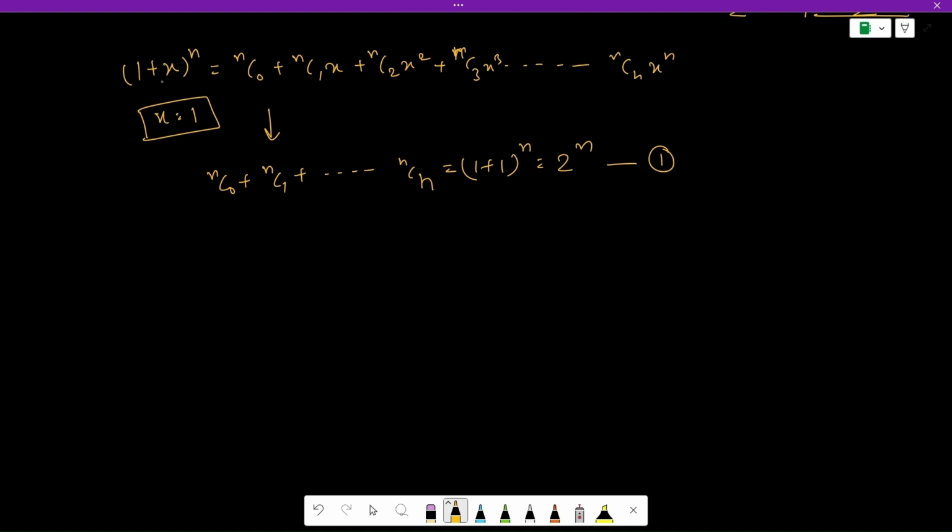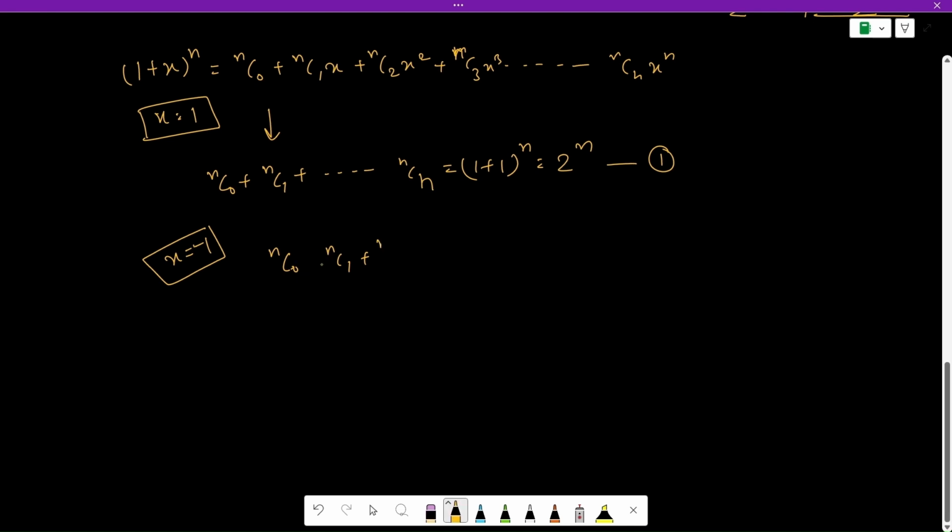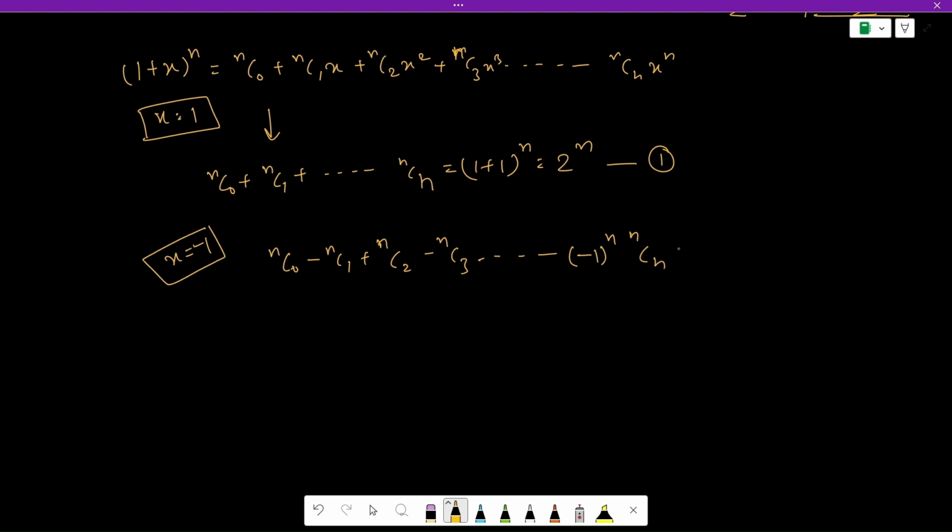Now we can put here x equal to minus 1. What we get is NC0 minus NC1 plus NC2 minus NC3 and so on till (minus 1) to the power n NCn.